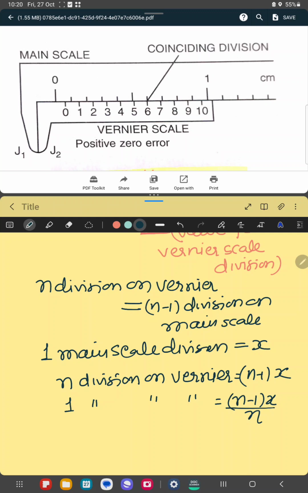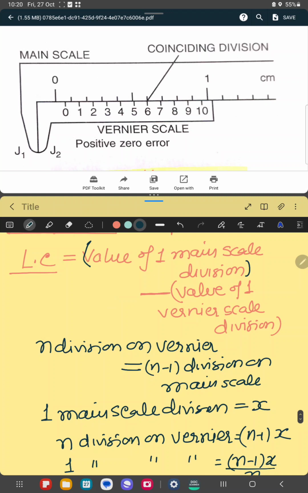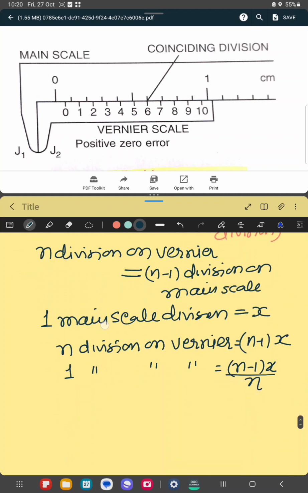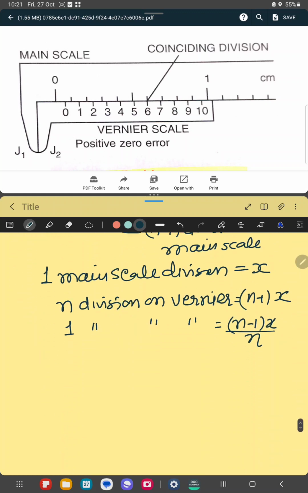Least count is 1 main scale division minus 1 Vernier scale division. Once you subtract, you get x upon n.